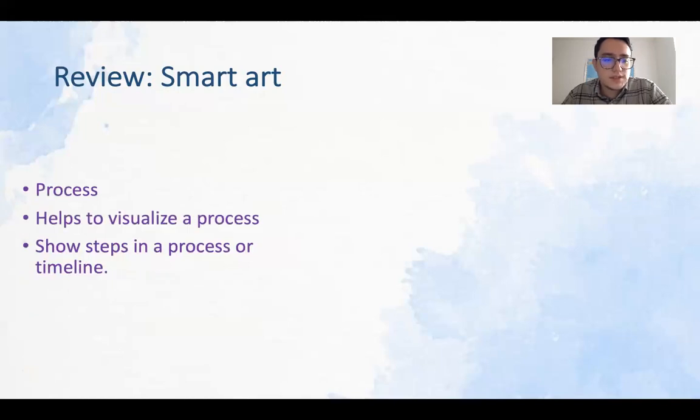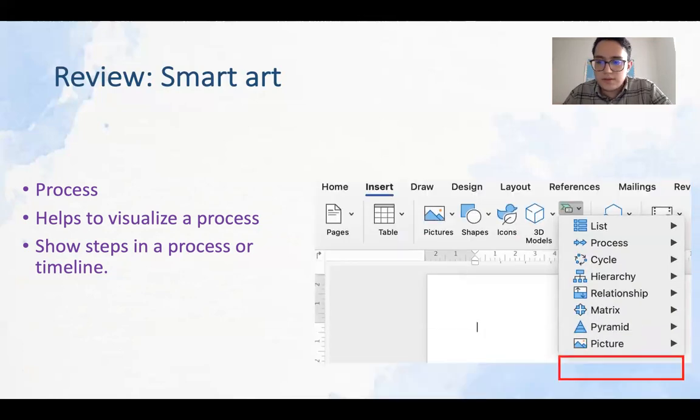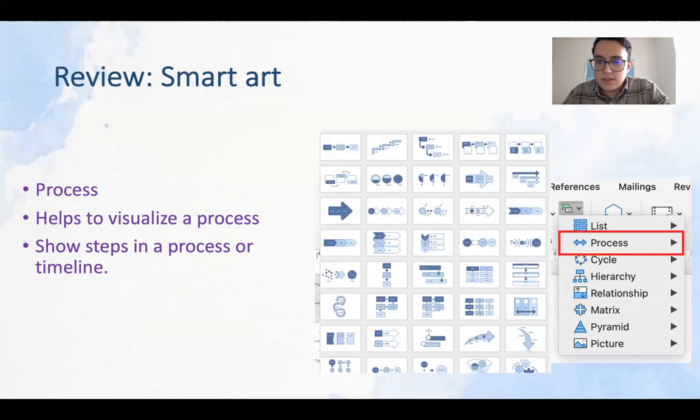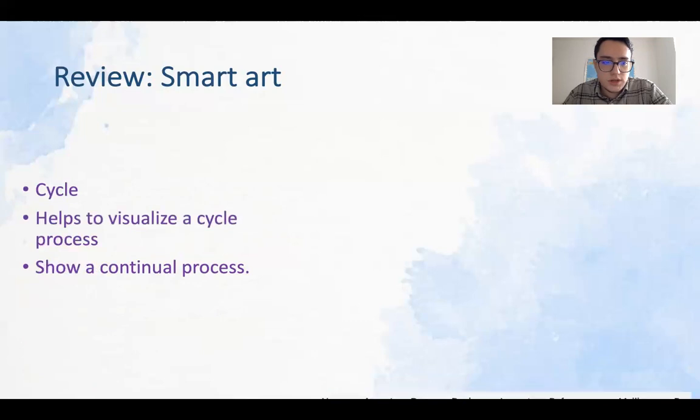Process helps you to visualize a process. It means it has steps. Show the steps in a process or timeline. So this is the process, which are connected to each other.